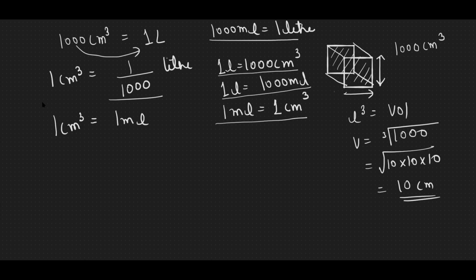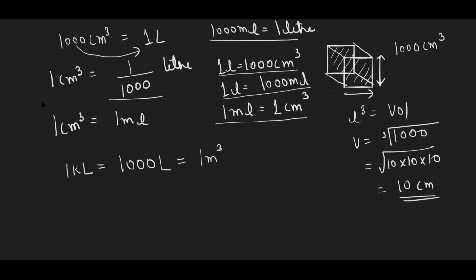Okay, now talking about kiloliter. So children, 1 kiloliter equals 1000 liters, and this is also equal to 1 meter cube.